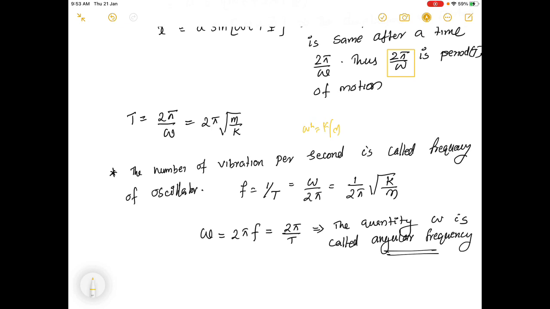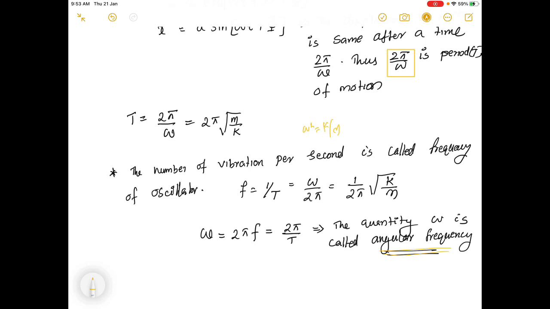So frequency is equal to 1 over T. T is equal to 2 pi by omega, so the frequency is omega by 2 pi, and its expression is 1 by 2 pi root of k by m. From that expression, omega is equal to 2 pi f, which is like 2 pi by T. That's why I previously introduced the constant omega. Omega is a quantity corresponding to frequency, and it is called the angular frequency.